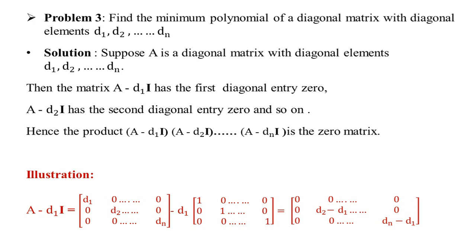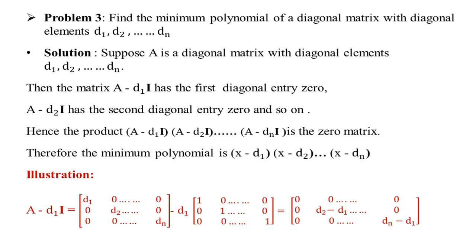Hence, the system has a solution and it is unique because the associated homogeneous equation sigma j equal to 1 to n of aij xj equal to 0, 1 less than or equal to i less than or equal to n, has only the trivial solution.